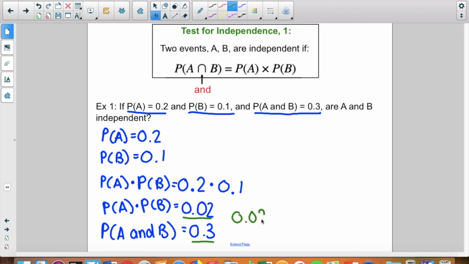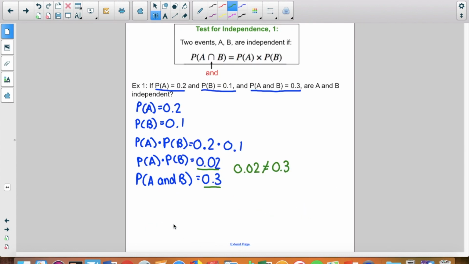So 0.02 is not equal to 0.3, and therefore A and B are not independent, because the probability of A times B and the probability of A and B are not equal. So that was the first test that we've done before.